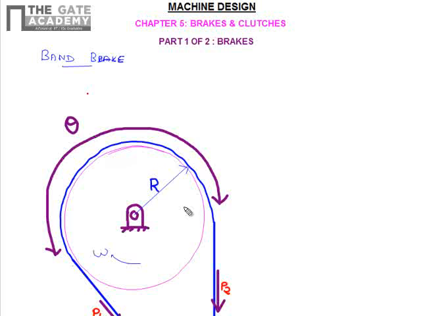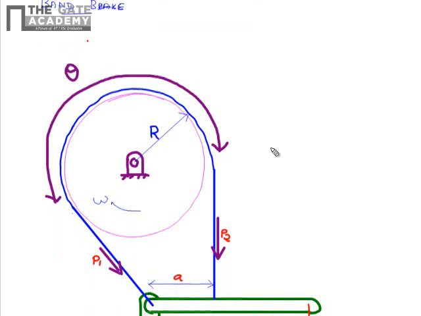This is a rotating brake drum, and this is the flexible steel strip lined with the friction material. This will be pressing against the rotating drum, and because of this friction, a retarding torque is applied on this wheel and it comes to a state of rest. When one end of the steel band passes through the fulcrum of the actuating lever, this brake is called a simple band brake. And this is the figure of a simple band brake.